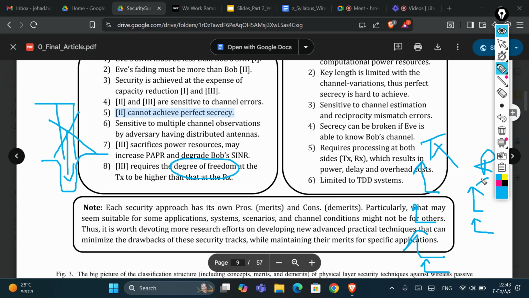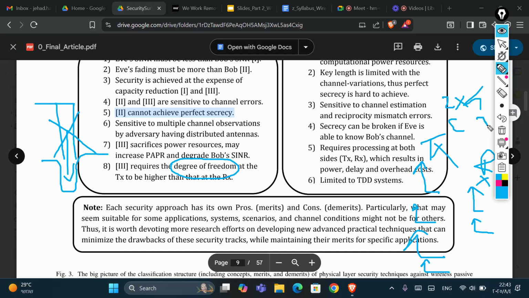Especially for the case of adding noise in the null space, like the technique in noise and interference injection. Why does this happen? The reason is that when you have more antennas at the transmitter than the receiver, mathematically, your channel will be a 2 by 4 matrix.